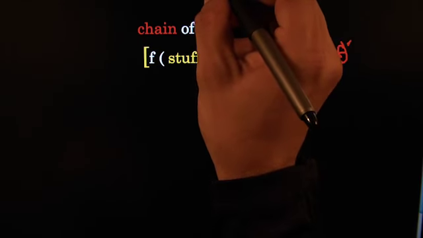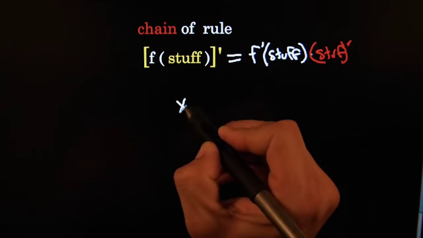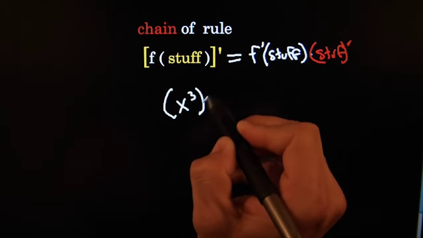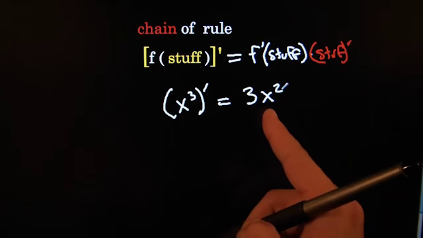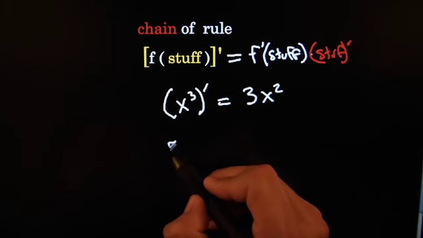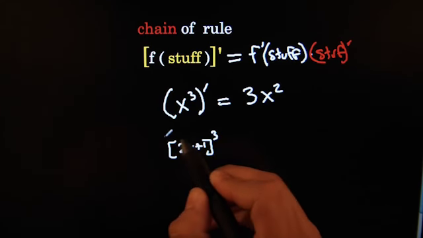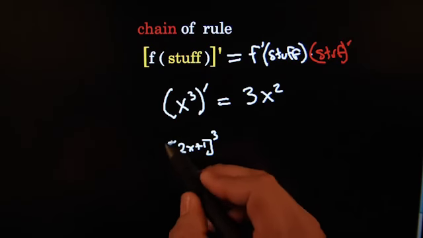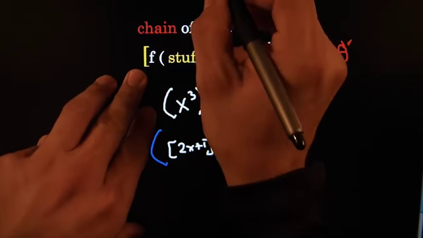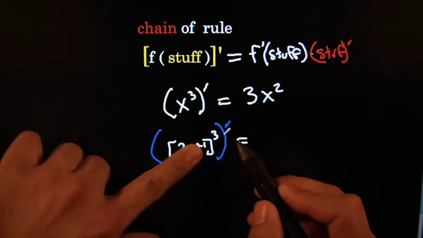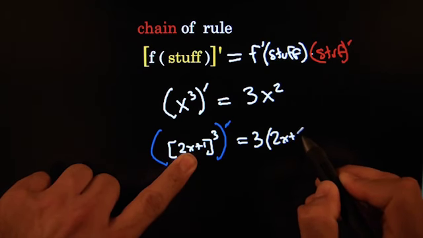Let me give you an example. I'll compare just a regular one, x to the third. If you had to take the derivative of that, you would just do 3x squared and you'd be done. However, if you had to take the derivative of 2x plus 1 to the third, well, the chain rule is tailor-made to handle situations like that. It says, hey, don't worry about the stuff in there. It's just 3 times 2x plus 1 squared.